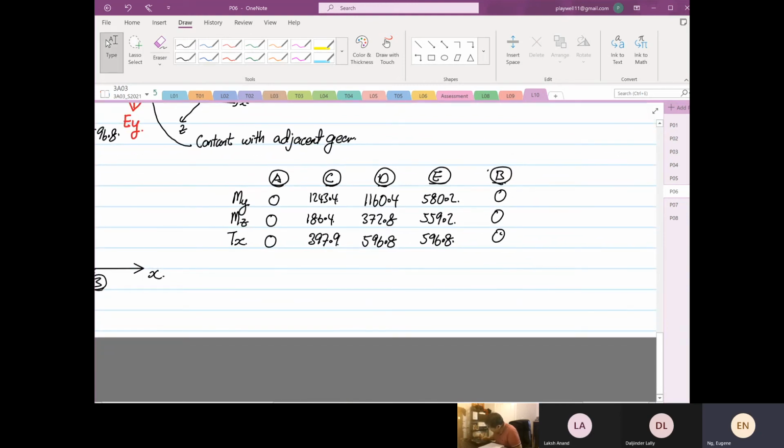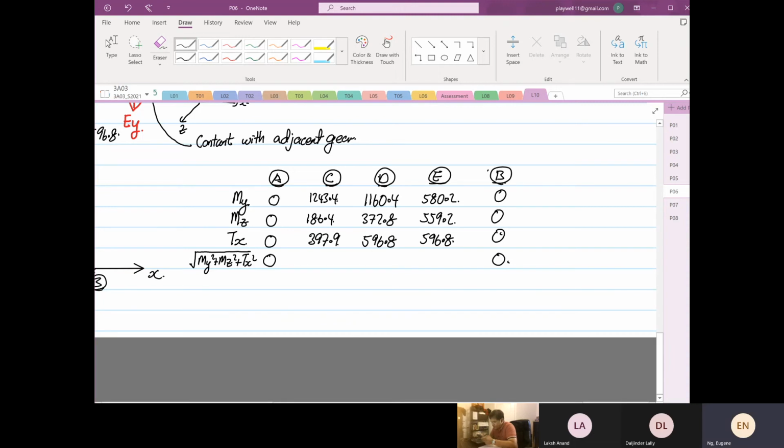Okay. So the third column, you do this, okay? You're going to do your My squared plus Mz squared plus Tx squared, right? So this is 0, this is 0. So 1243.4 squared plus 186.4 squared plus 397.9 squared.